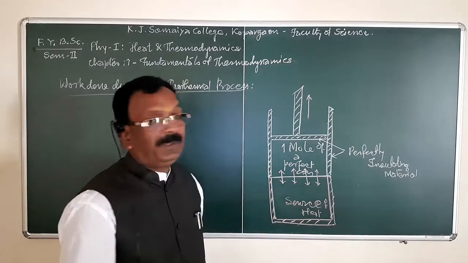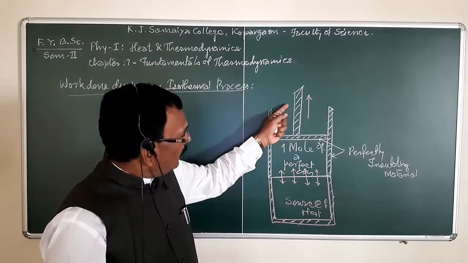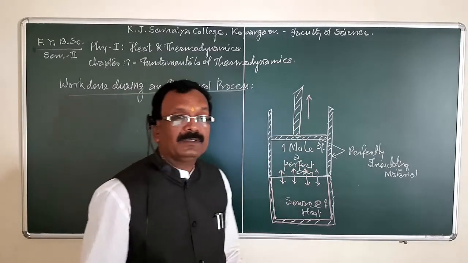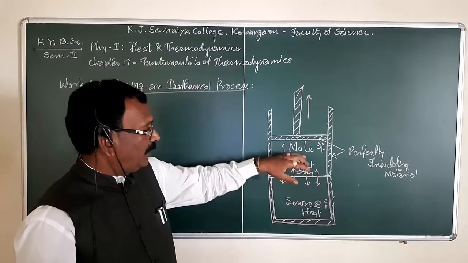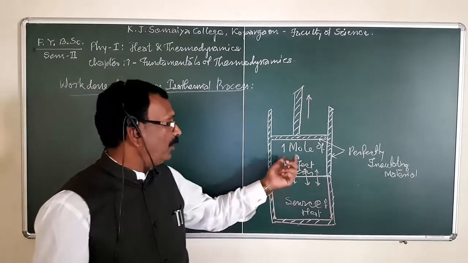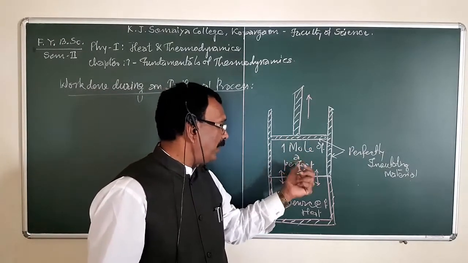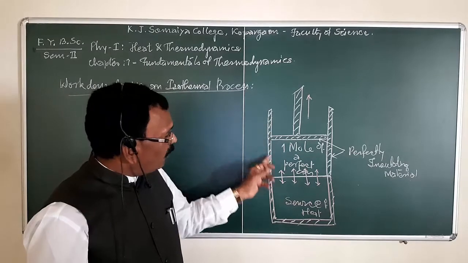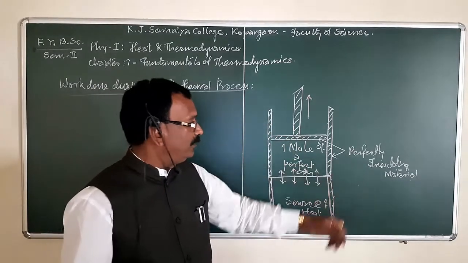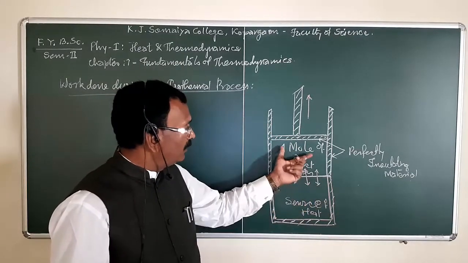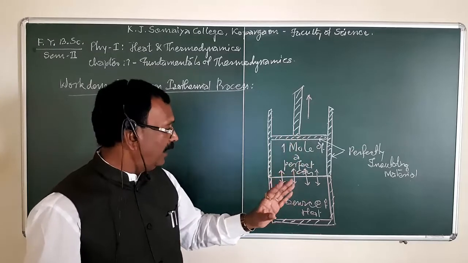I am again going to repeat this. Consider a cylinder containing 1 mole of a perfect gas. The side walls and the piston are perfectly insulating, while the base of the system is perfectly conducting material.